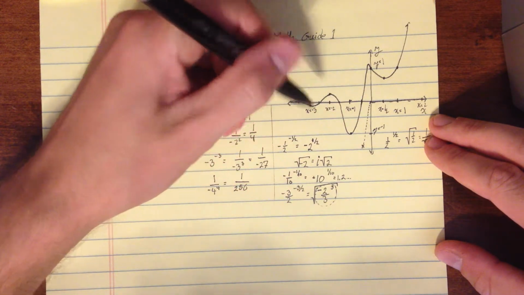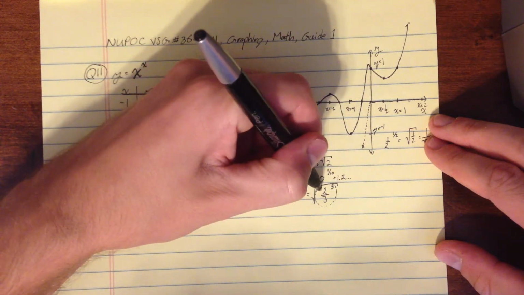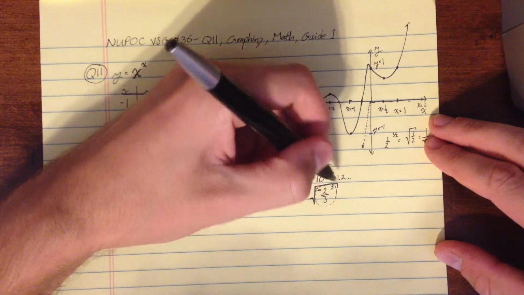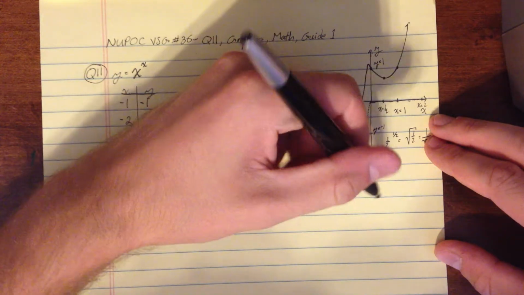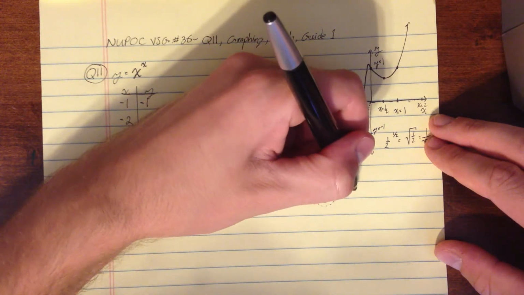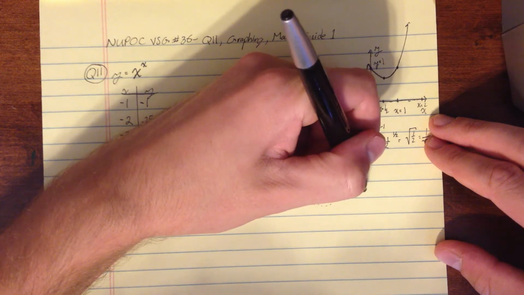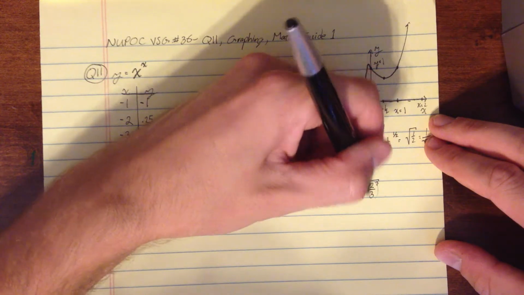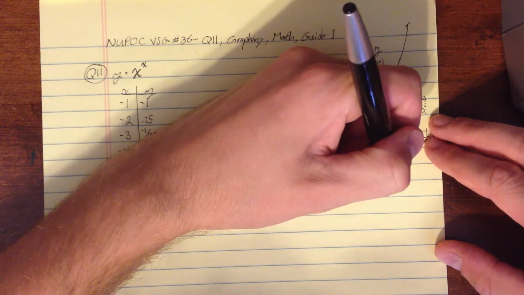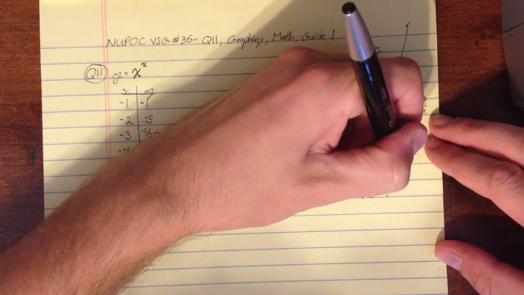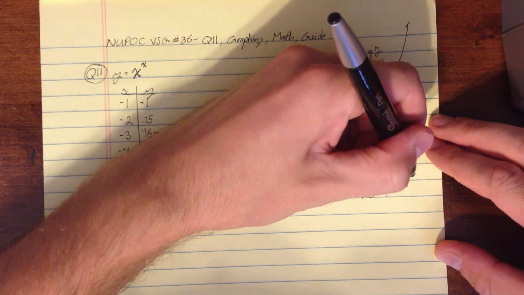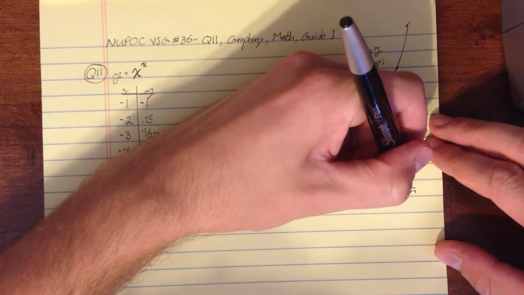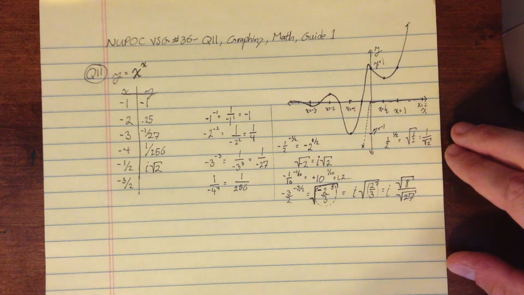It's 3/2, 5/2, 7/2, so it's an odd power that maintains the negative sign here, and then we have to take a square root of it. So we're going to end up with i times something. It's going to equal i root 2/3 like that, which is going to equal i, let's see, root 2 to the 3 is 8, i root 8 over root 27. So whatever that is, right?